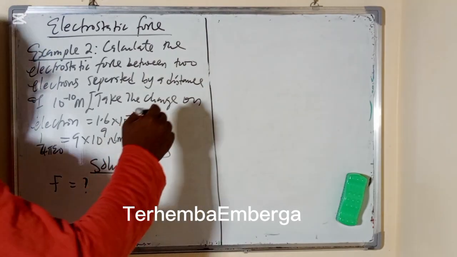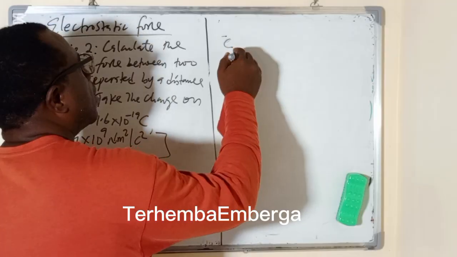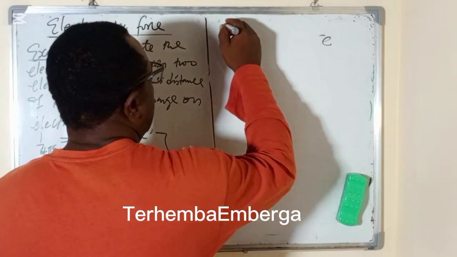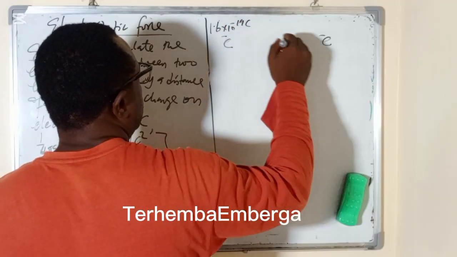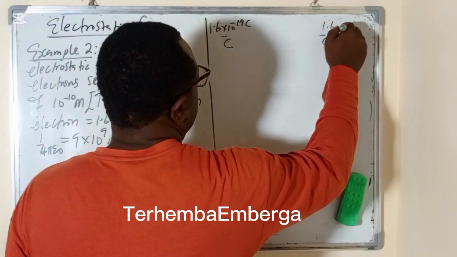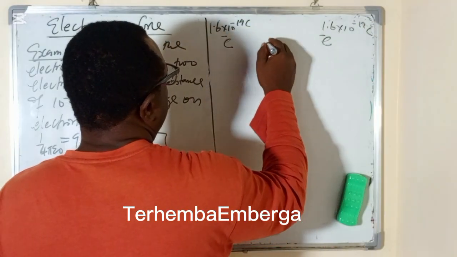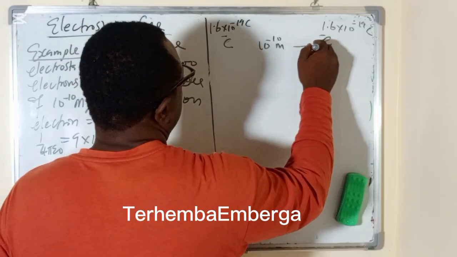So assuming we have an electron here, we have an electron that has a charge of 1.6 times 10 raised to the power minus 19 coulomb, and then another one separated by a distance of 10 raised to the power minus 10 meters.